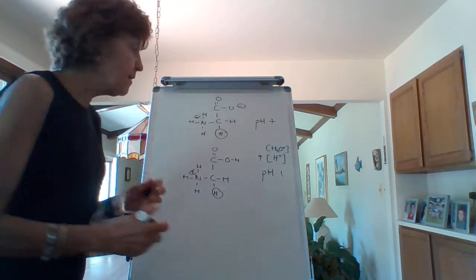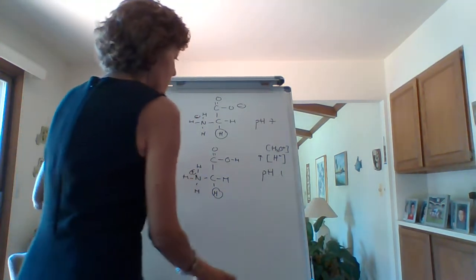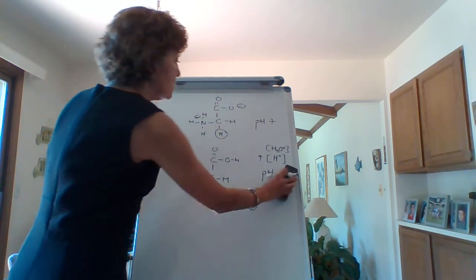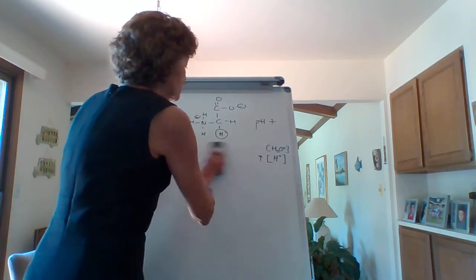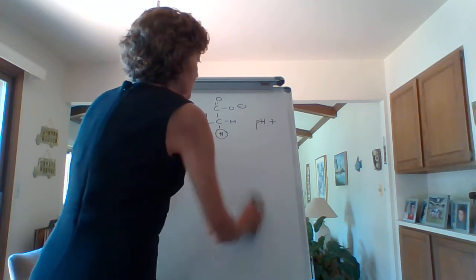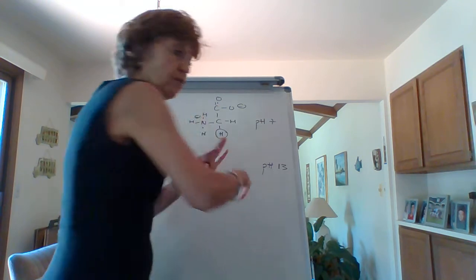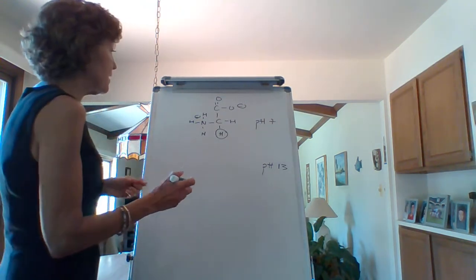Think of it that way. So at a super high pH, so this is at pH 1, but this is pH 7. So now we're going to go to pH 12 or 13. So pH 13, very high pH, super high pH.